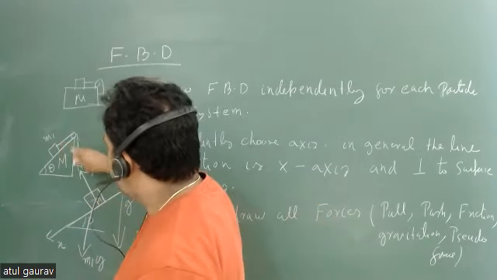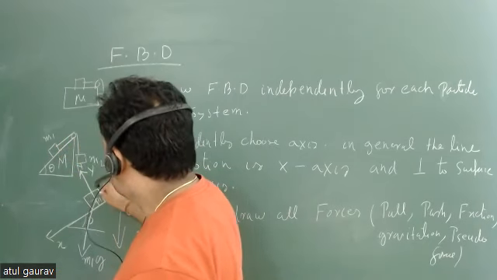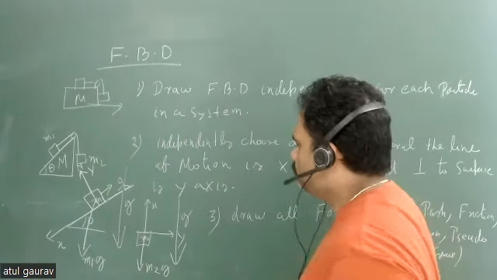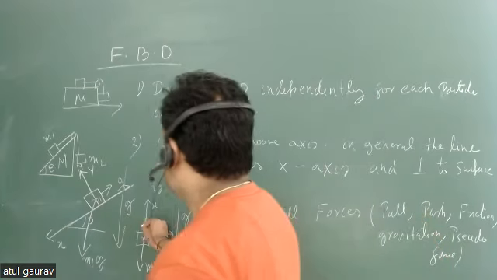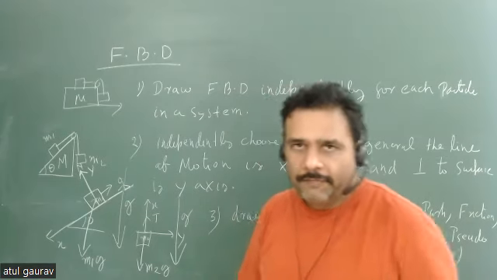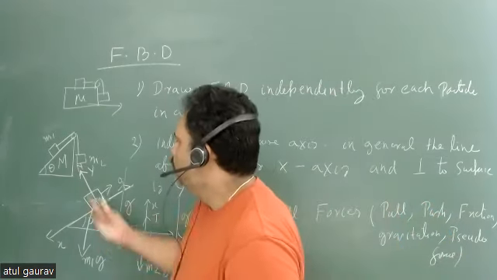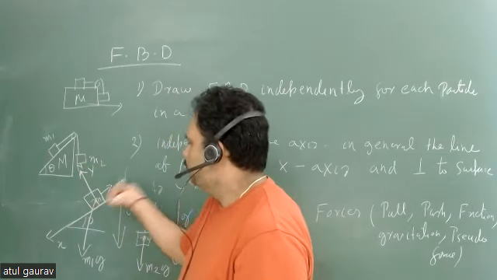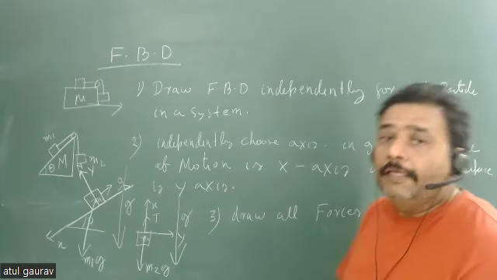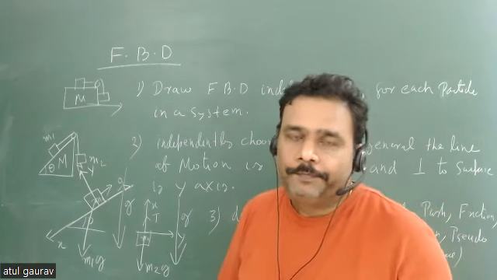Obviously this is coming downward and here there is a string, so there will be some tension. So tension will always have a pulling effect, no matter which way it goes. For this also you can see, there is some tension here. So this kind of thing will be there, and you decide where it is pushing and where it is pulling. Look, here is normal, so this is a pushing effect. Here is tension, so this will be a pulling effect. So you will draw all the forces according to their nature, nothing to do with the x and y axis. Are you getting my point?